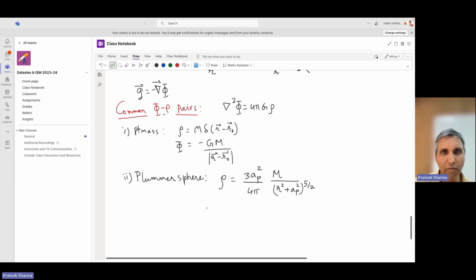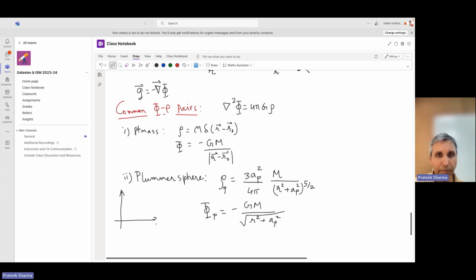What about phi Plummer? This is equal to minus G M by the square root of r squared plus a_P squared. Actually, you can see the softening, right? If I plot a point mass potential, that just goes like this, it just blows up. Whereas this one, as you make r equal to 0, it's nicely flat.